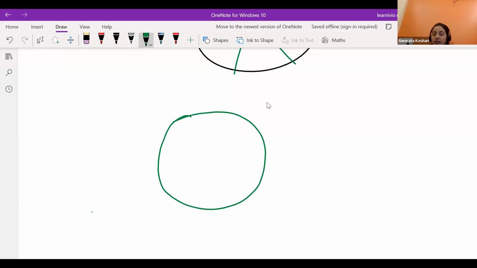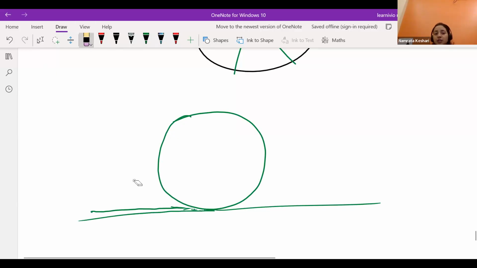If you draw a line which touches the circle at only one point, maybe it will look like this, then we will call it a tangent to the circle.